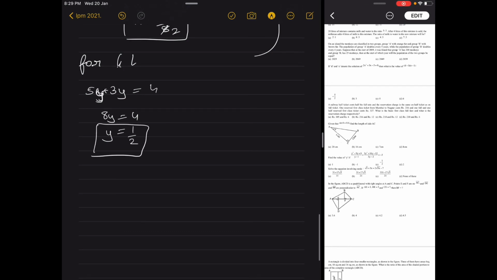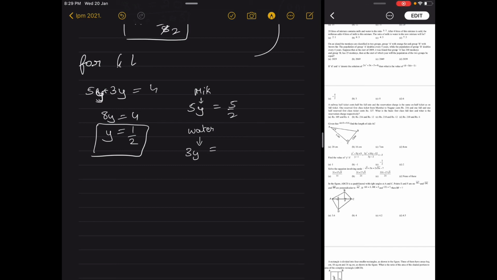So now how much quantity of each of them is sold: milk is 5y, that is 5 by 2, and water 3y.